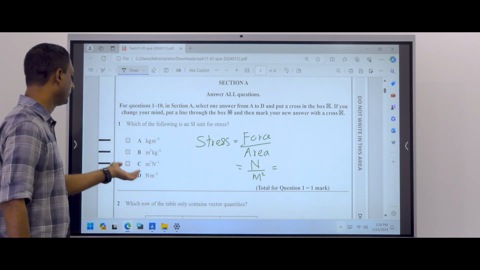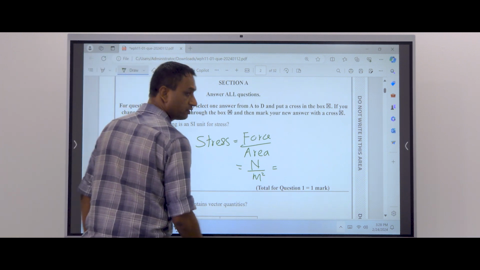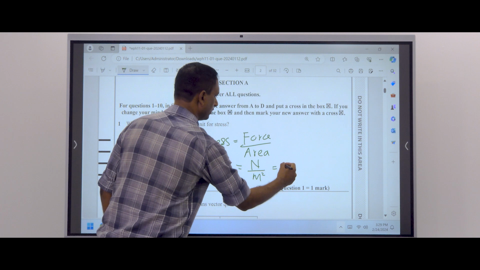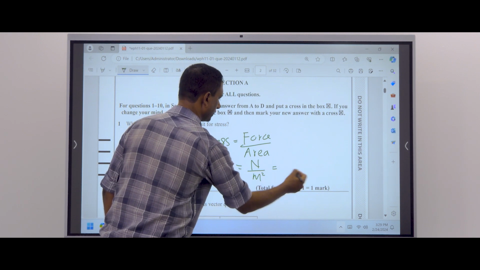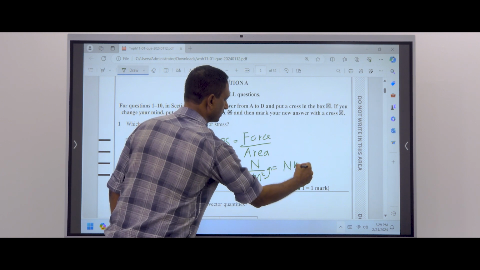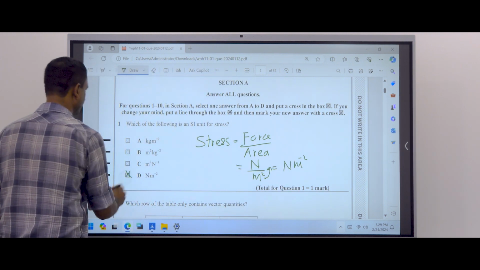Because the Newton is in the answers, that is why I select Newton, otherwise we have to select base units. Newtons per square meter. The answer is D.